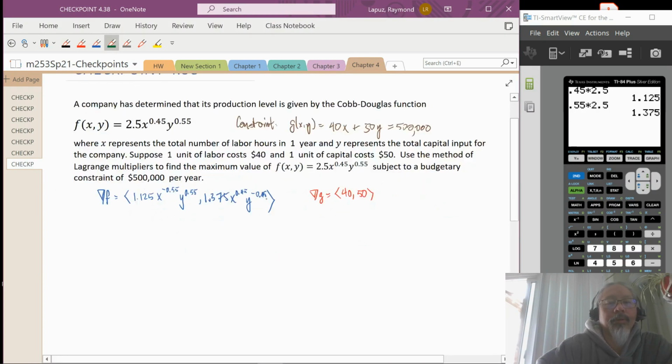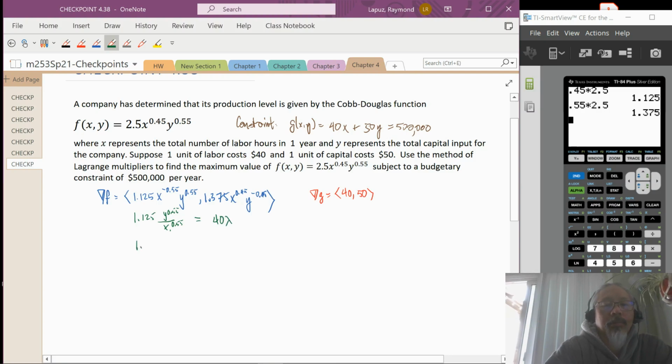We're going to multiply this by lambda, so we will have 1.125, and let's write this as a fraction, y to the 0.55 divided by x to the 0.55 power. This will equal the first component of the gradient of g multiplied by lambda, 40 lambda.